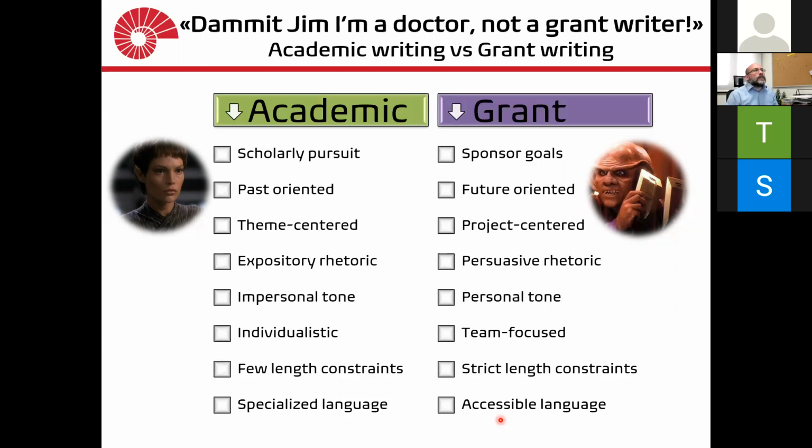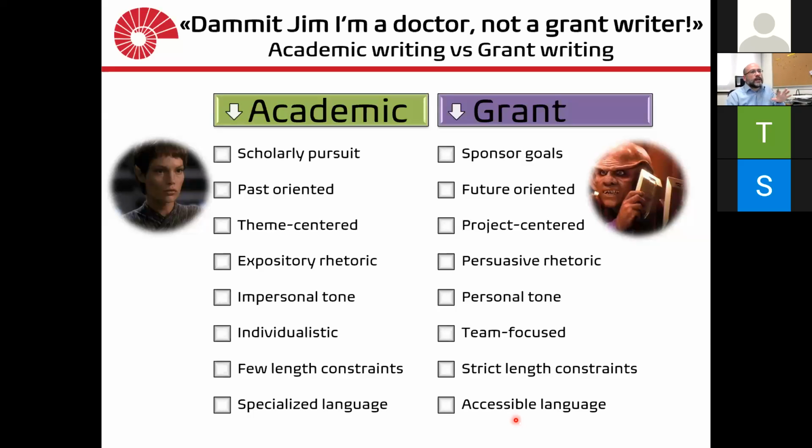Because in a lot of cases, the evaluators for a grant proposal, compared to the reviewers of your academic article, are coming from different disciplines. Sometimes they may not even be scholars themselves. So the language has to be more accessible in a standard grant proposal.